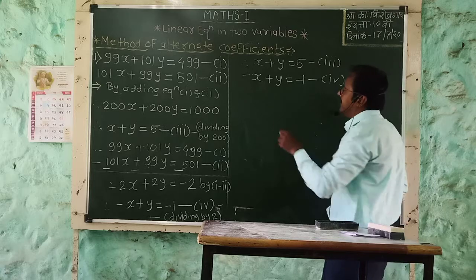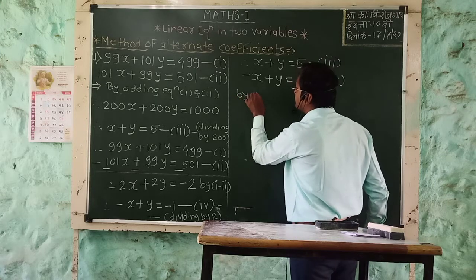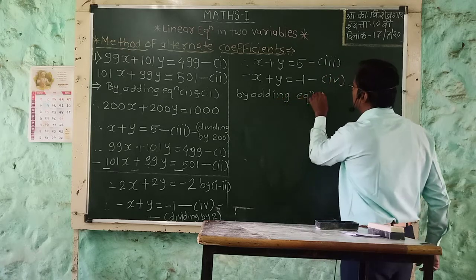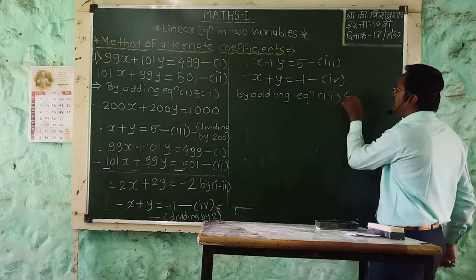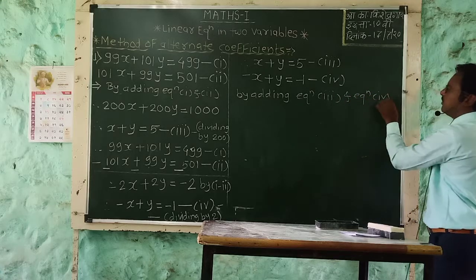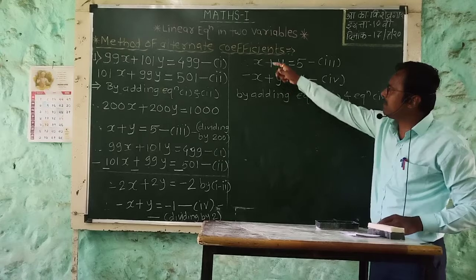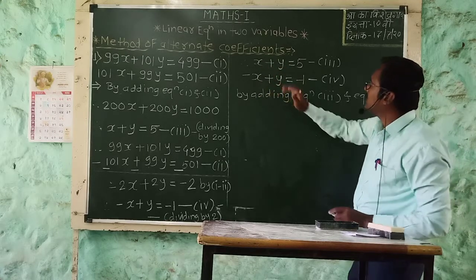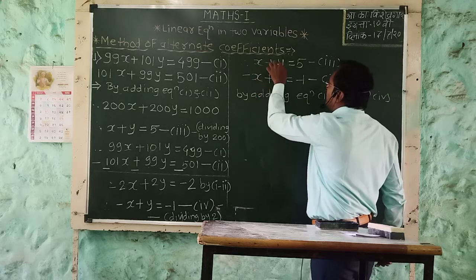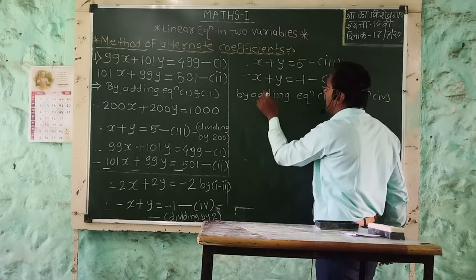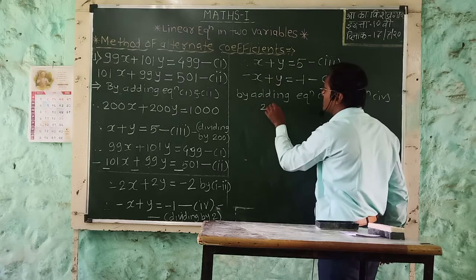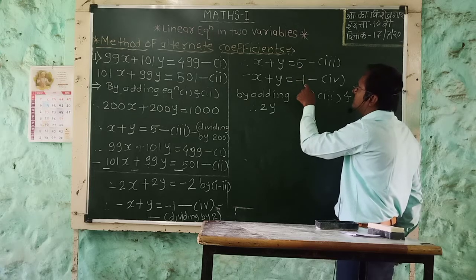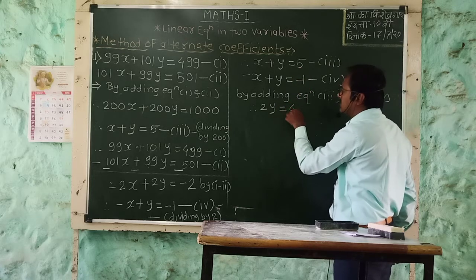So by adding equation 3 and equation 4, the opposite terms get cancelled. We have y plus y, that is 2y, is equal to 5 minus 1, which gives 4.